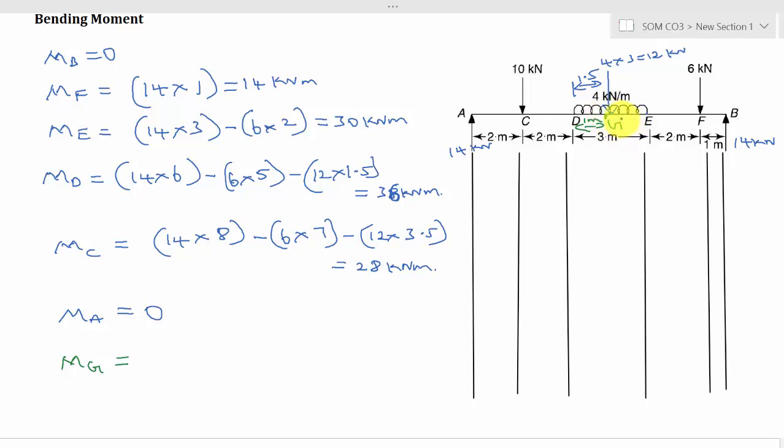If this is 1 meter, then the remaining distance is 2 meters. Okay, fine. So we'll start from the right side. It is 14 into the distance, 1 plus 2 plus 2, it is 5. So 14 into 5, then minus 6 into the distance, 2 plus 2, it is 4 meters.